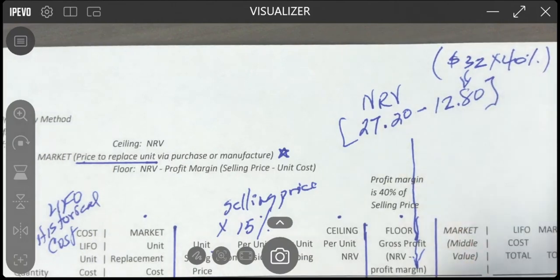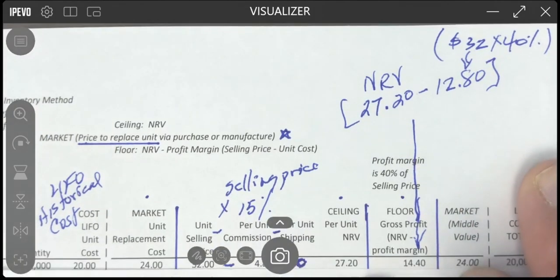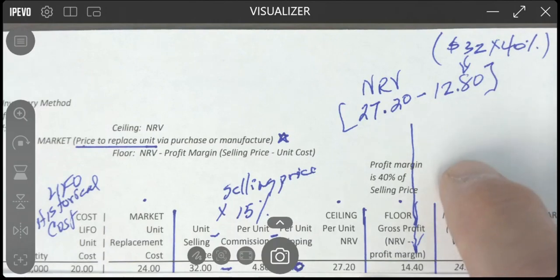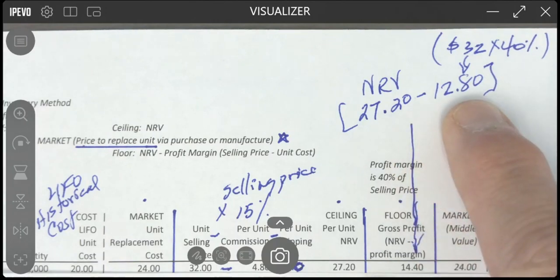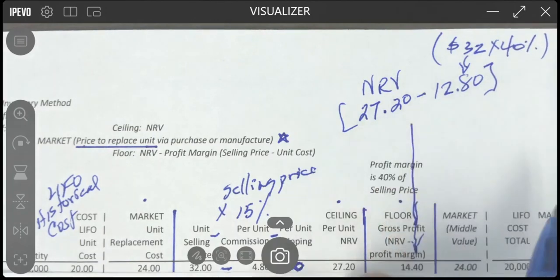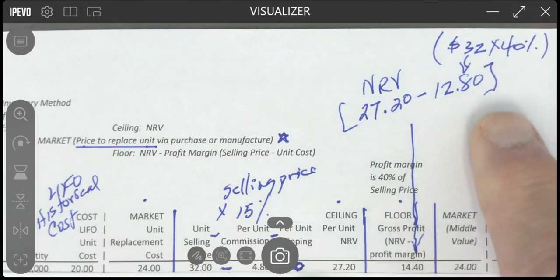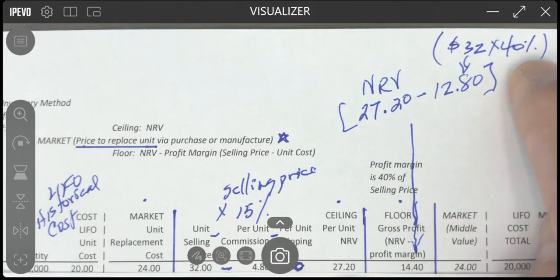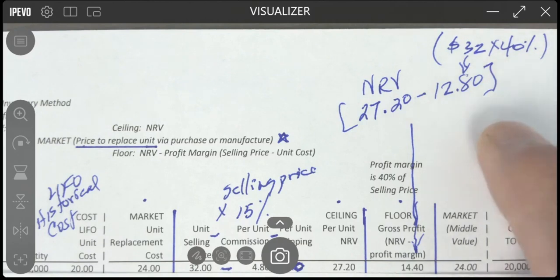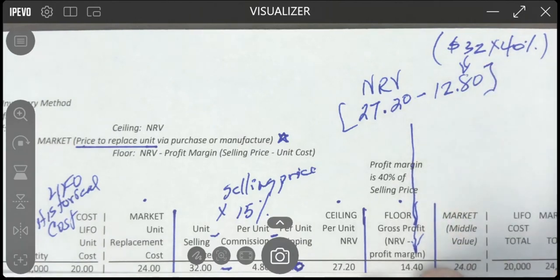So that 14.40 there is 27.20 minus 12.80. The 27.20 is the net realizable value. The 12.80 is the gross profit, the profit margin, and the net of those two is 14.40, and that'll be the floor.